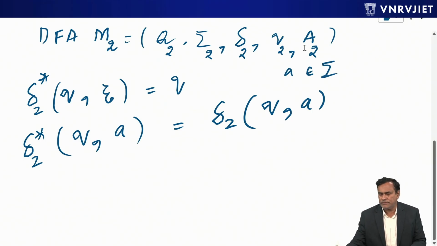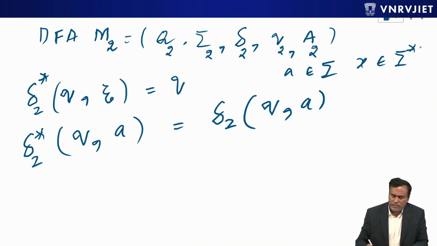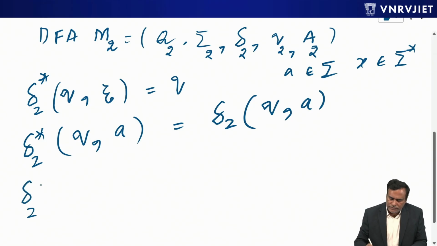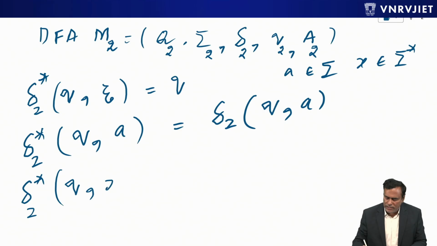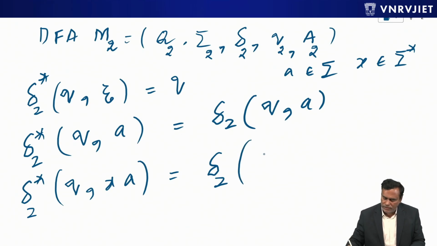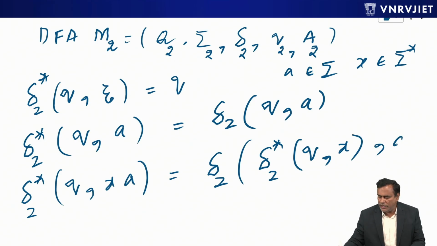In a similar fashion, we have for some X belonging to sigma star, delta 2 star of some state Q, XA is equal to delta 2 of delta 2 star of QX, A. This is the transition function of this DFA.